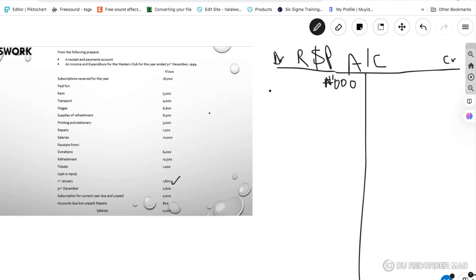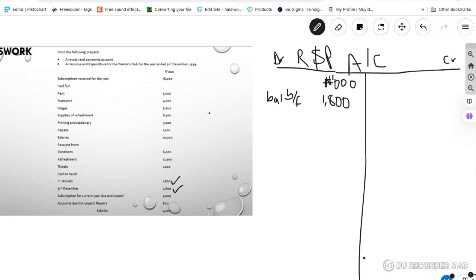So we have balance brought forward, which is the balance carried down from the previous year, 1,800,000. We have balance carried down for the 1st of December, 2,800,000.